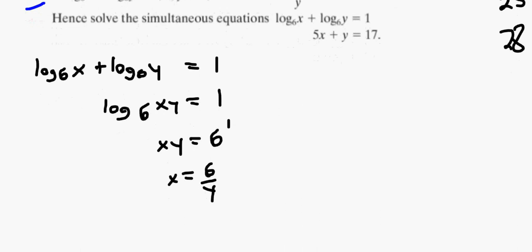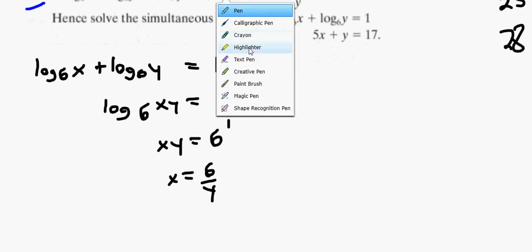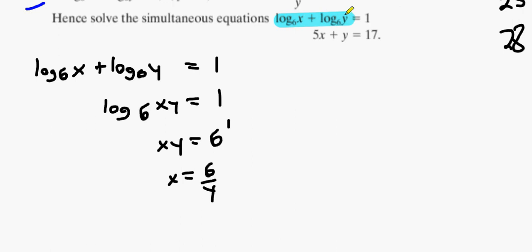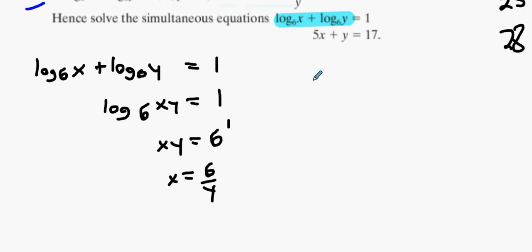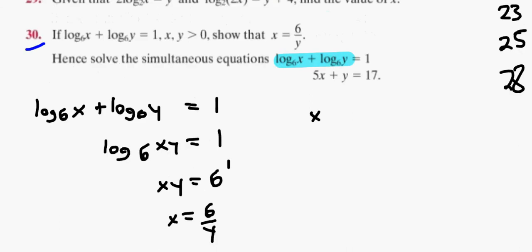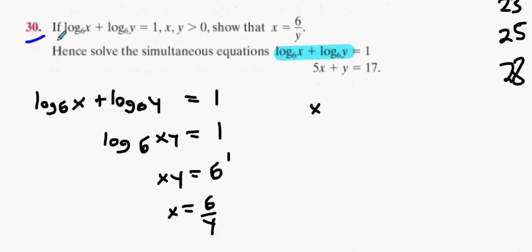Now, what do we know about this part here? What's that the same as? Same thing, isn't it? It's exactly the same equation we started off with. It's exactly the same as this one here.